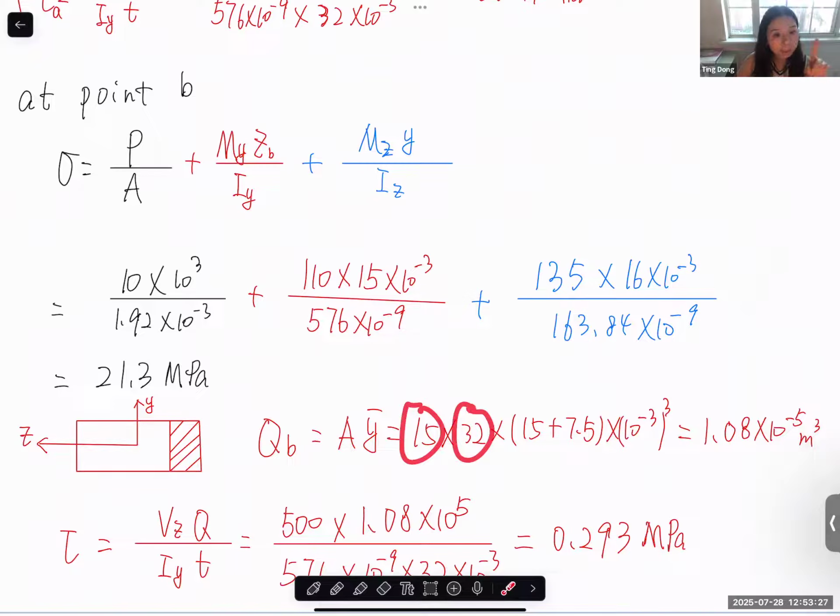And y bar is the distance from the line that passes through the centroid of this area to the neutral surface of the entire cross section. So it's 15 plus 7.5. Make sense or not? This is 15, half of this is 7.5, so the distance between them is 15 plus 7.5.